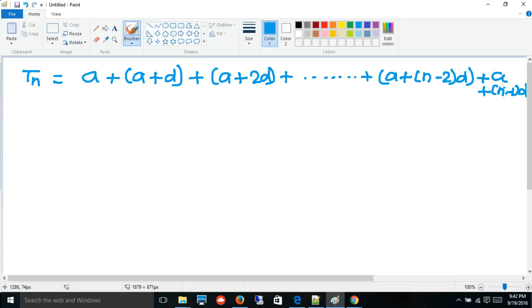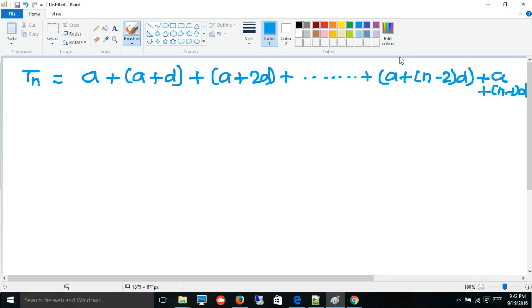The last term we know is Tn equal to a plus n minus 1 into d, where a is the first term and d is the common difference.